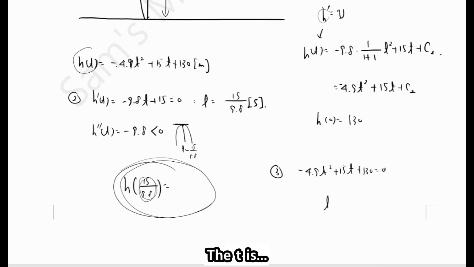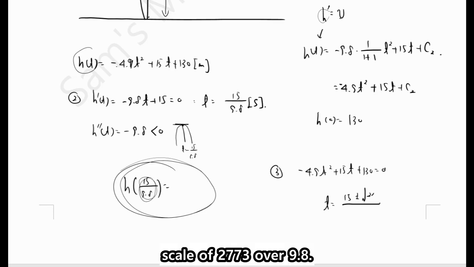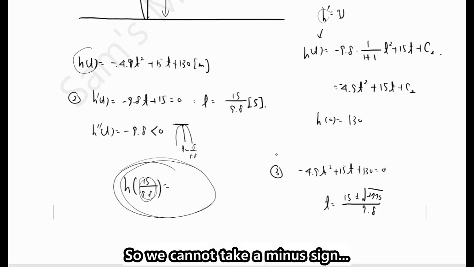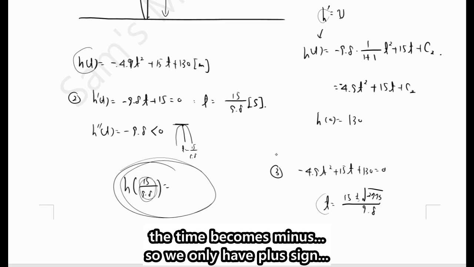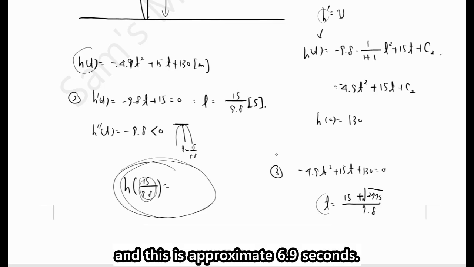The t is 15 plus or minus the square root of 2,773, over 9.8. We cannot take the minus sign because the time would become negative, so we only have the plus sign, and this is approximately 6.9 seconds.